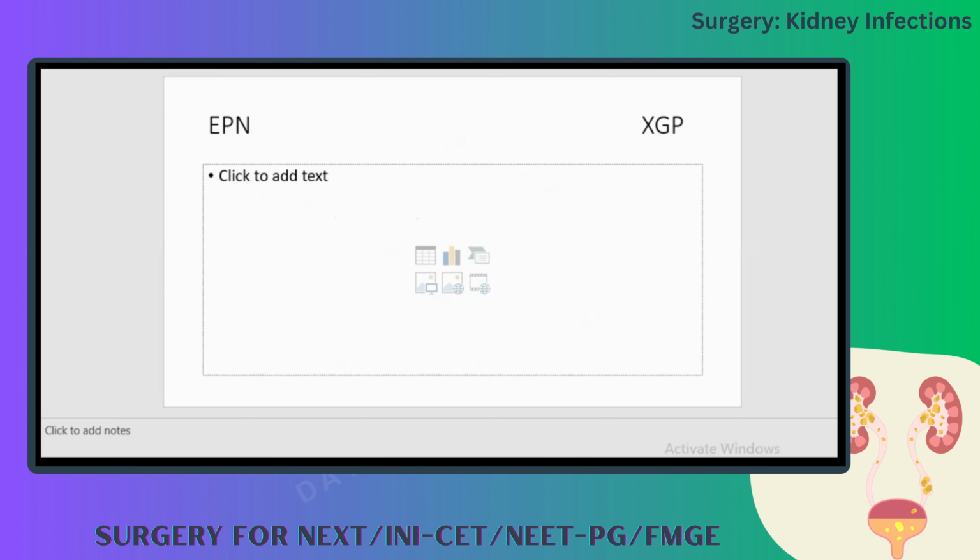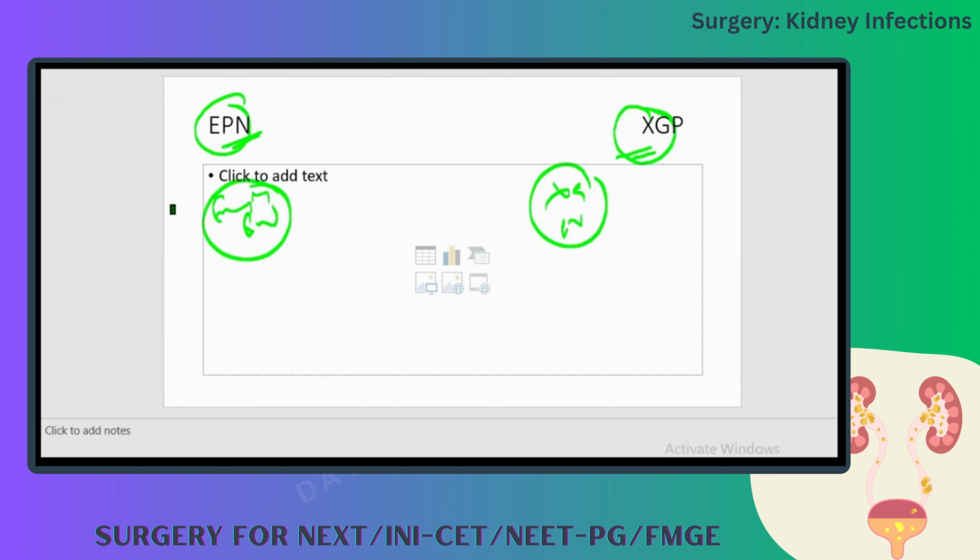And two specific types of pyelonephritis: EPN and XGP. What are these two things? Emphysematous pyelonephritis and xanthogranulomatous pyelonephritis. Very good.